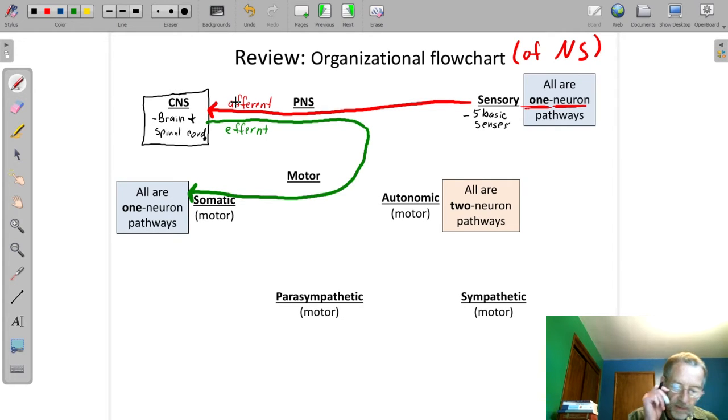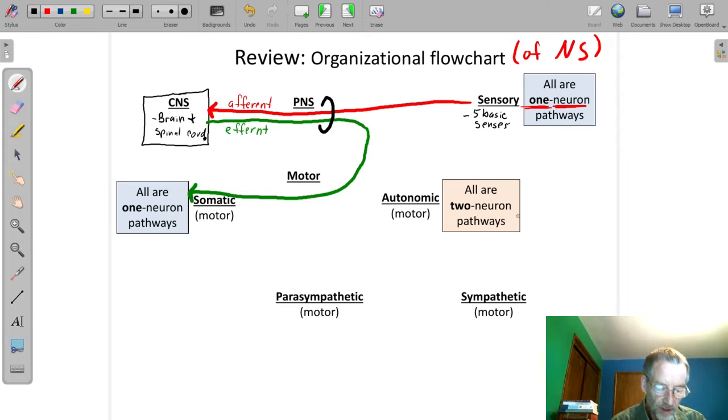So A comes before E. Sensory information has to go in first, and then efferent is motor coming back out. And all of this, again, is part of the PNS, which includes spinal nerves and cranial nerves.